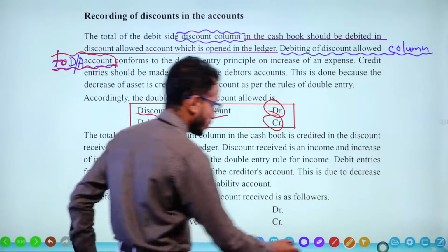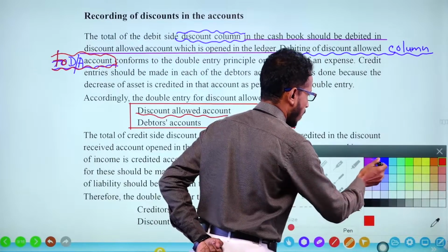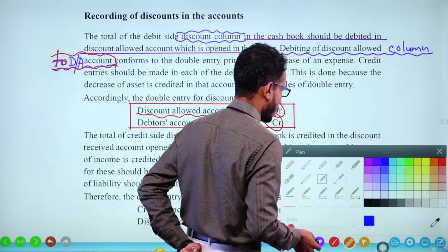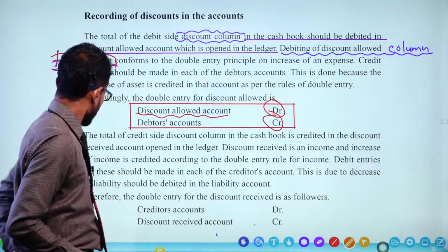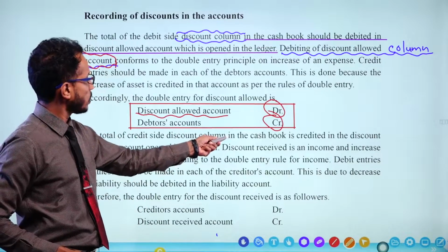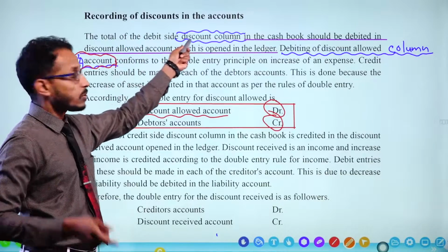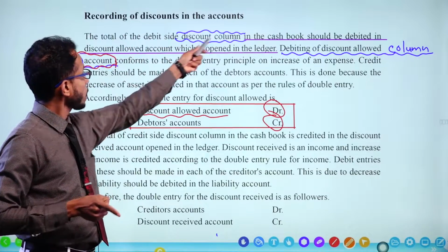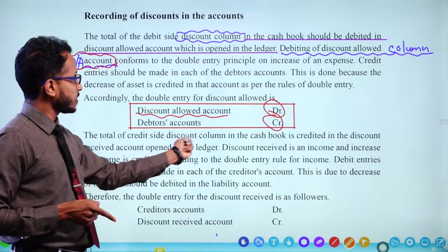And now we are moving to the discounts received part. The total of credit side discount column.